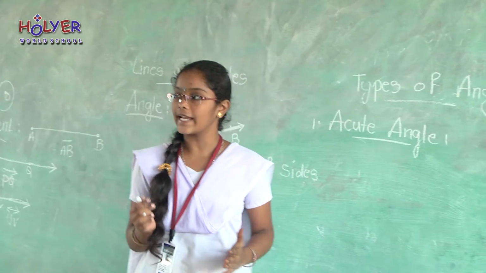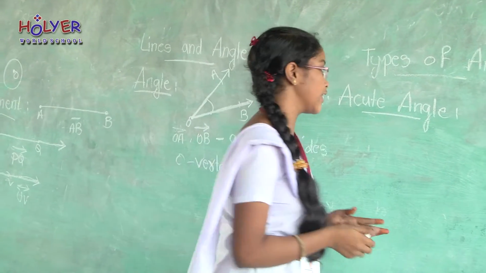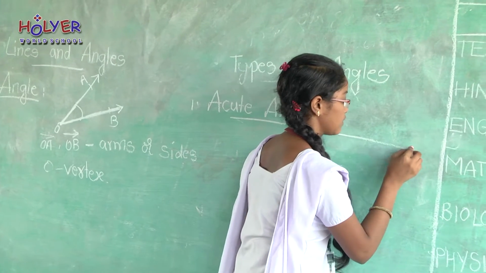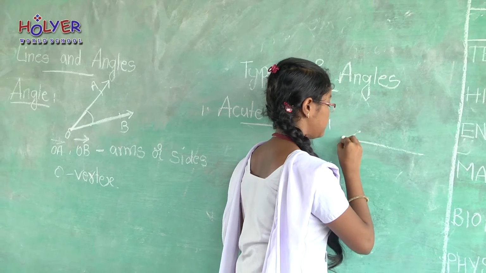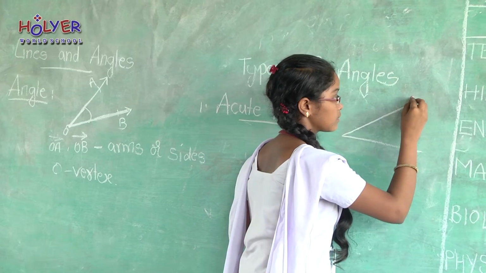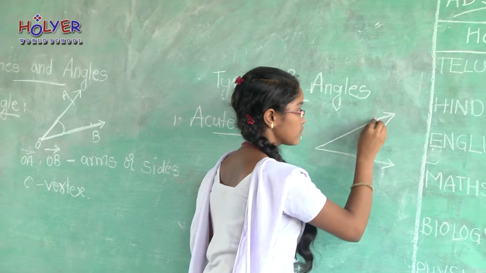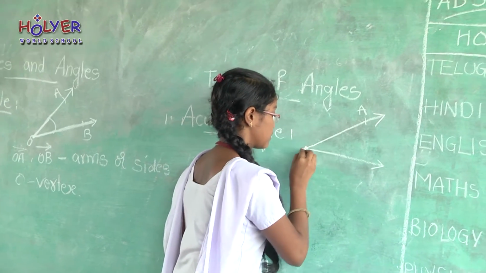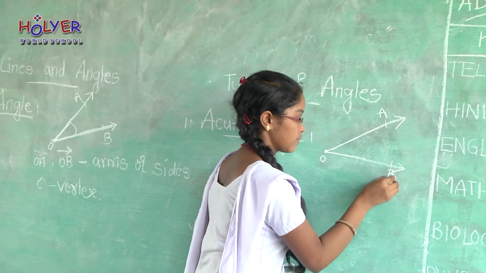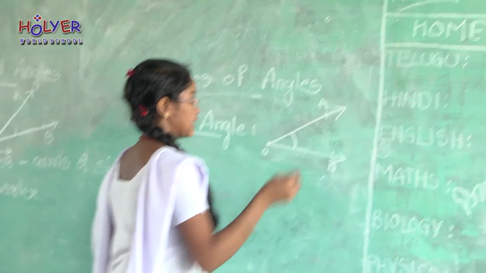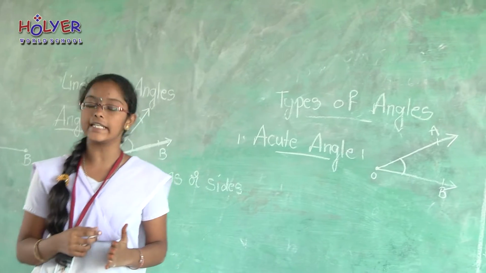The angle below 90 degrees is known as an acute angle. This is an acute angle with below 90 degrees.